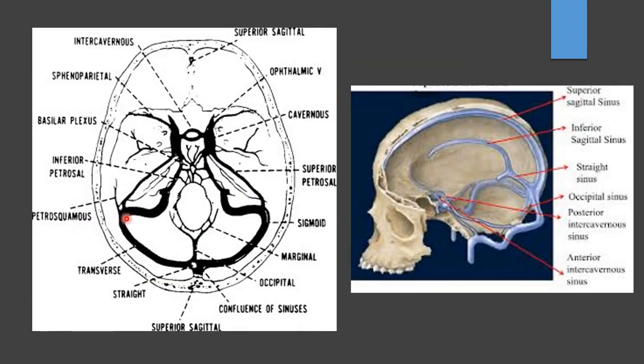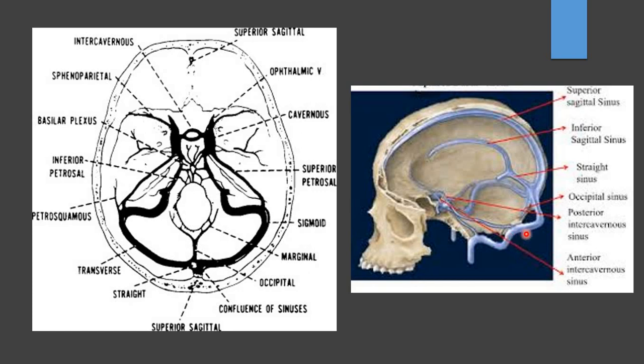The thrombus within the lateral sinus can extend in various directions, as I just mentioned some time back. If it extends downwards, it can grow into the internal jugular vein and into the right side of the heart. If it grows anteriorly through the superior petrosal sinus, it can extend into the cavernous sinus.